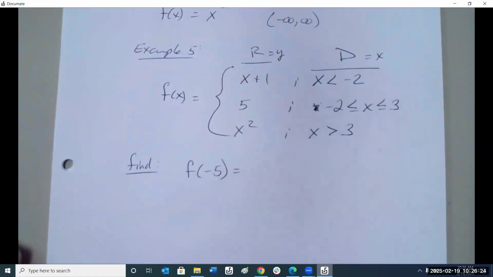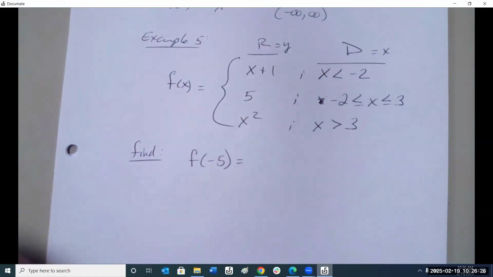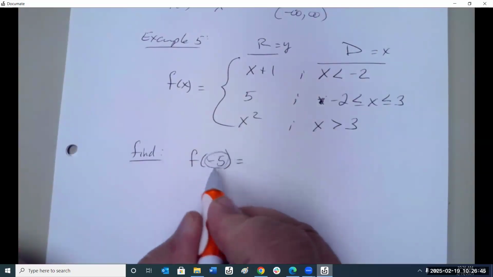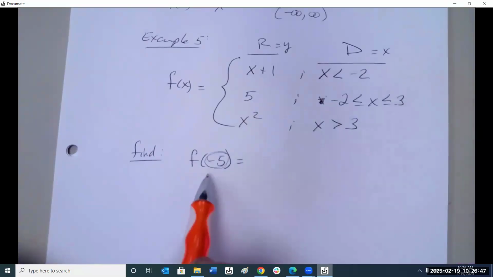What is f of -5? Well, what does this represent? X. So here are the X's.